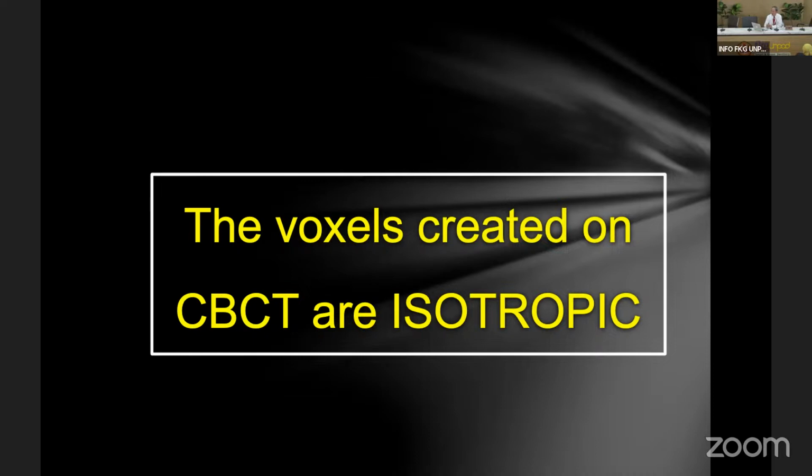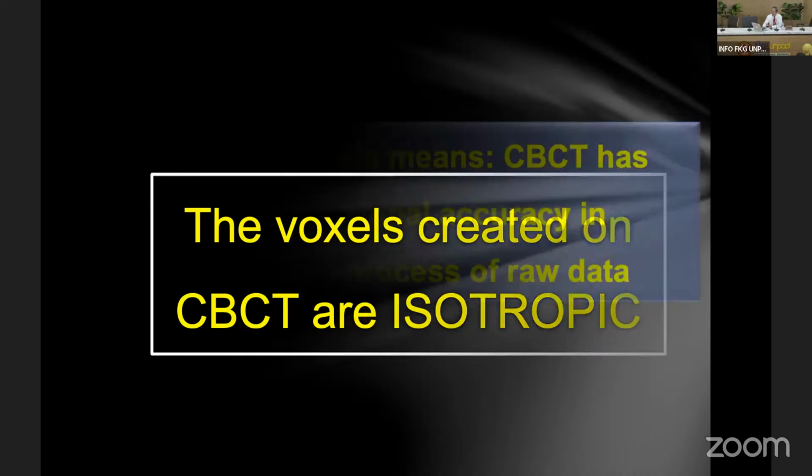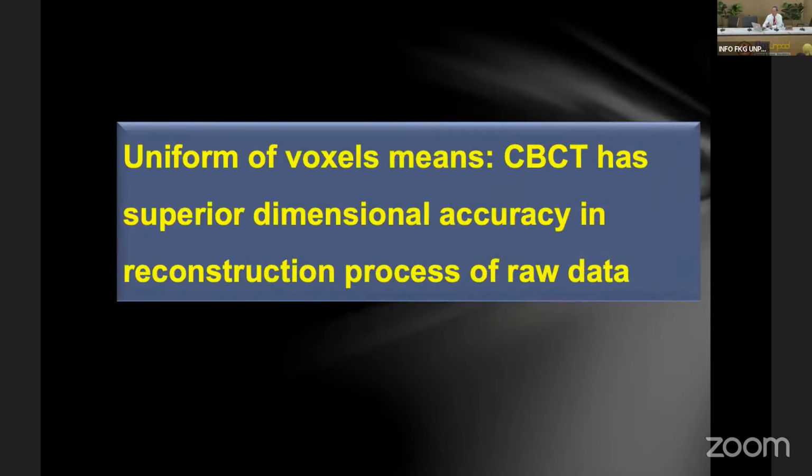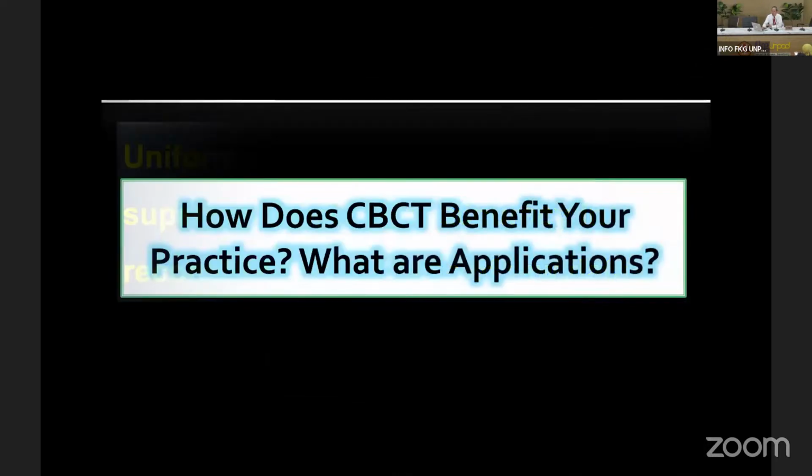In medical CT, voxels are anisotropic, not the same in all directions. So uniform voxels mean the CBCT has superior dimensional accuracy in the reconstruction process of raw data. This is good for dental implants because we need to do those measurements with the CBCT.